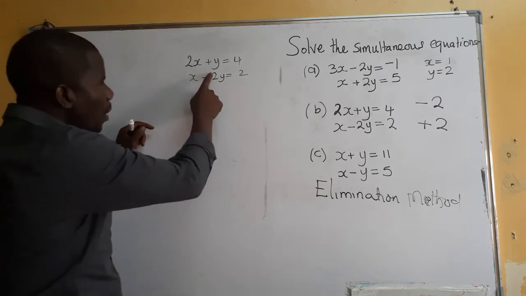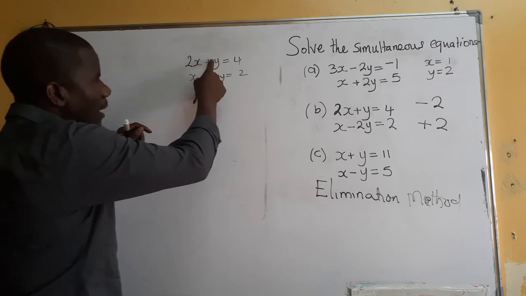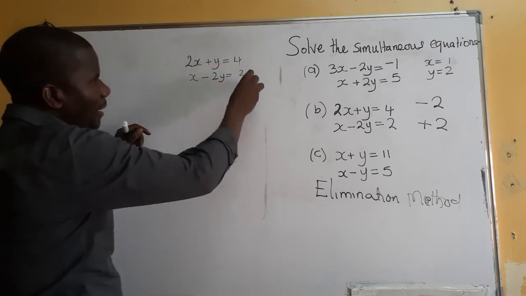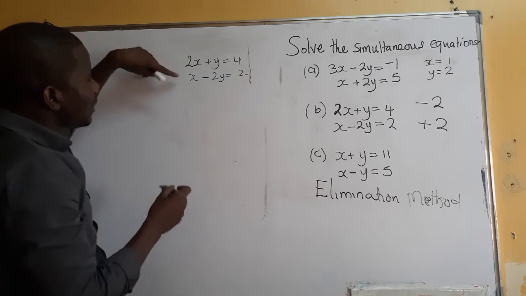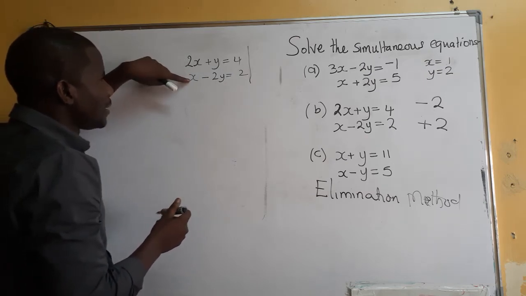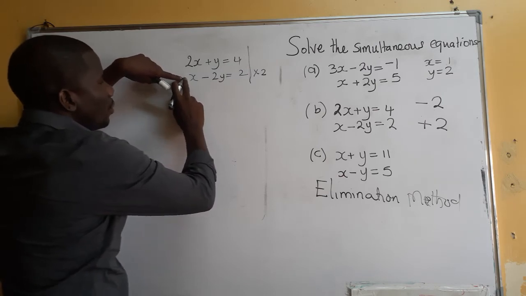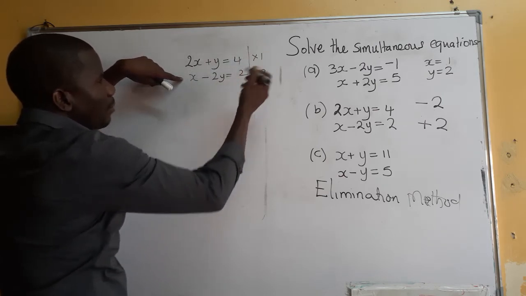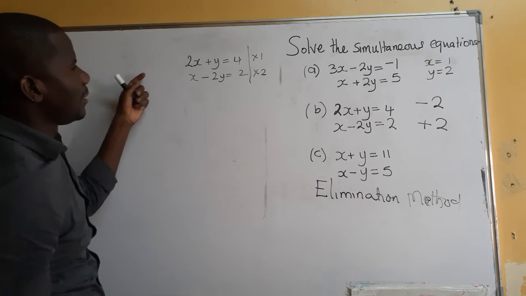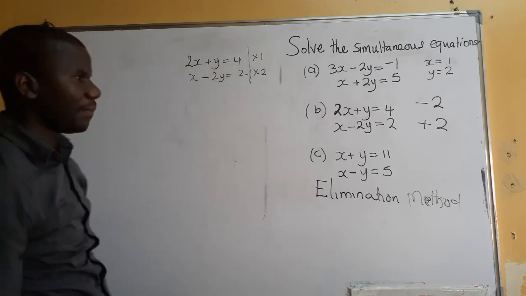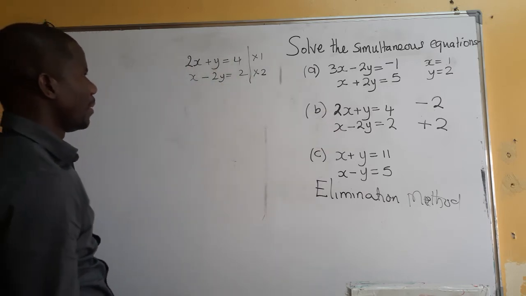If you want to eliminate y, you must make sure that here you have the same y coefficient. Alright? I hope that is clear. So, for instance, if we want to eliminate x, we multiply this one by 2. This one, you can say we multiply by 1, but it will remain the same.